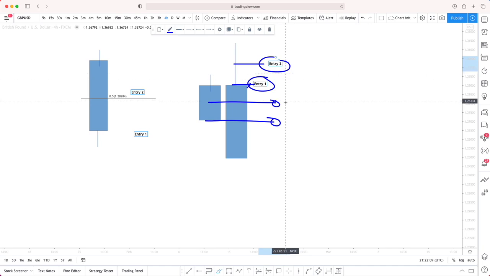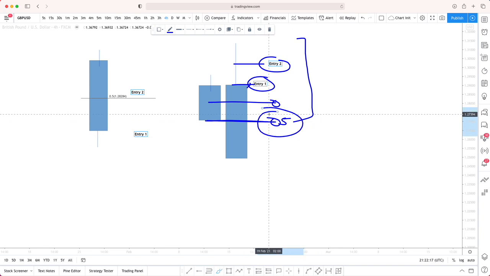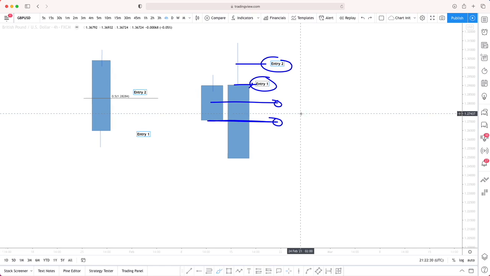If this gives you a 5 pip stop loss from here to that wick, then use that, so that the trade actually triggers. Again, it's up to you how big you want your max stop loss. For me, it's 5 pips.